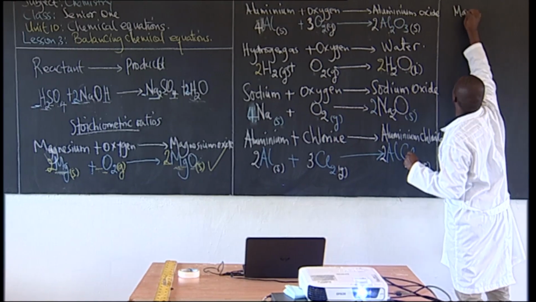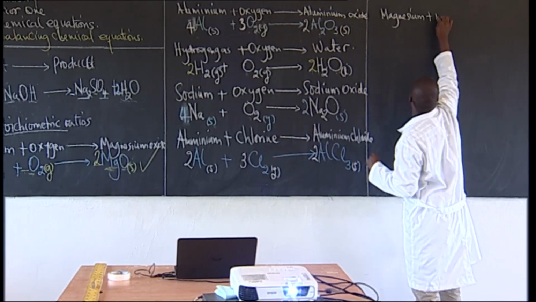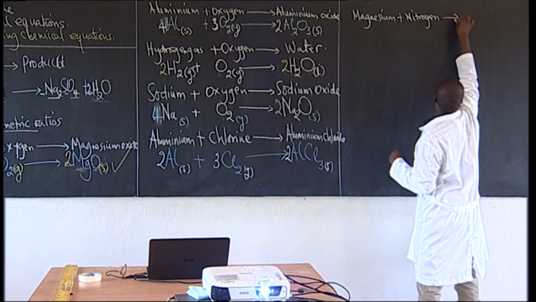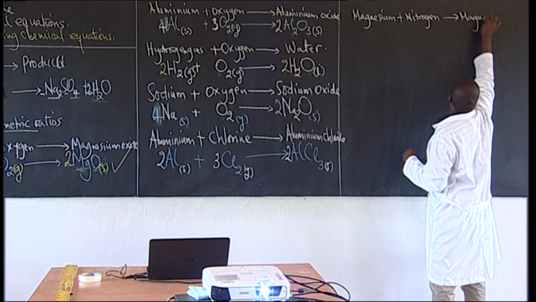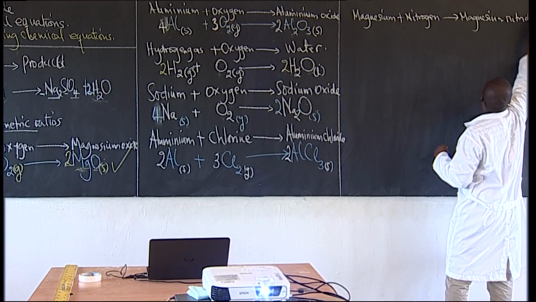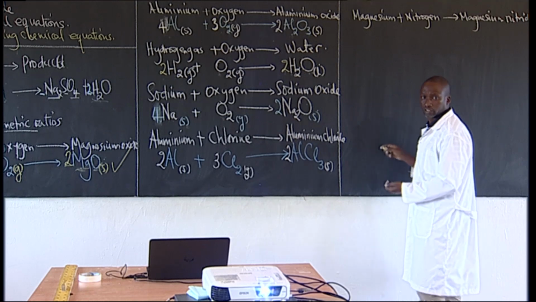So we have magnesium plus nitrogen. This gives magnesium nitride. Magnesium nitride. So what are the symbols that represent this?